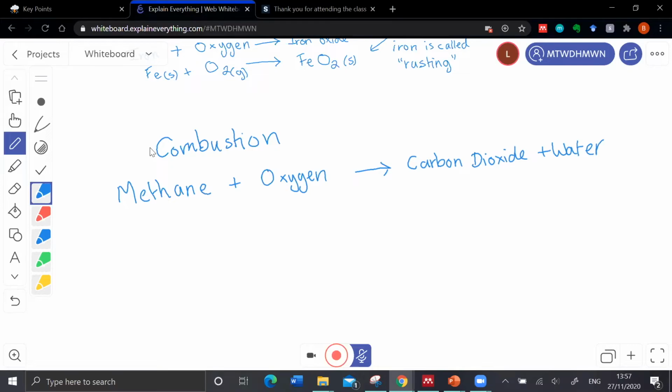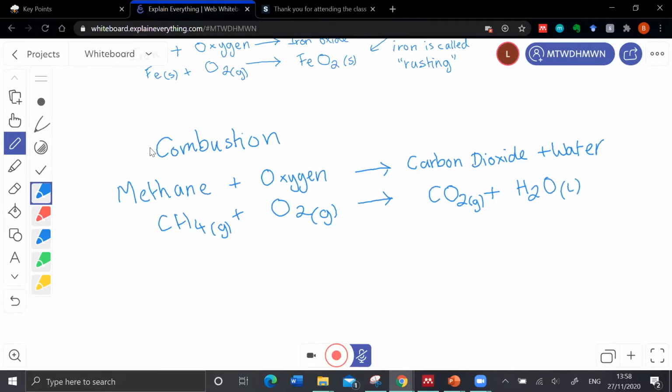Okay, so let's have a look at the equation. CH4 is methane. O2 is oxygen. So these two are gases this time. Carbon dioxide, CO2, is a gas, plus H2O, water, which is liquid.